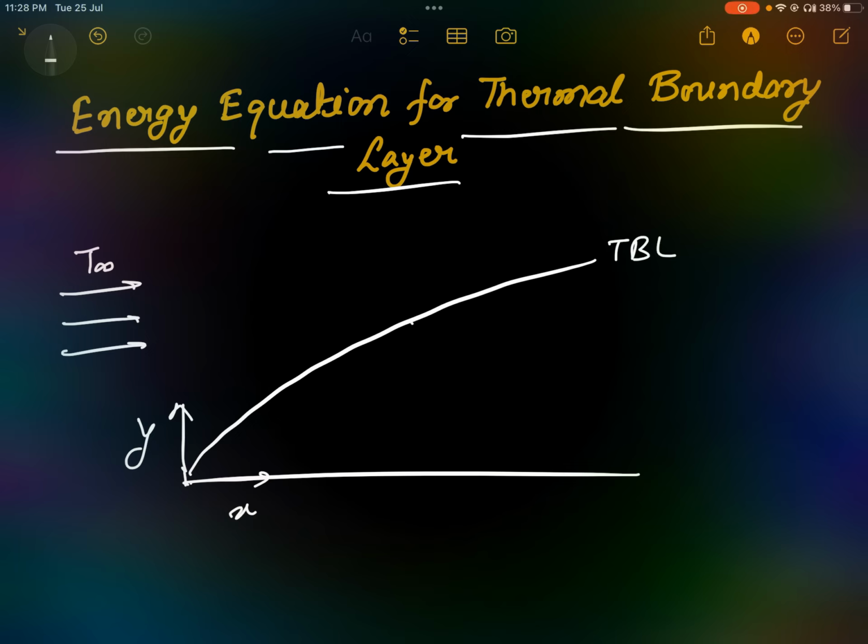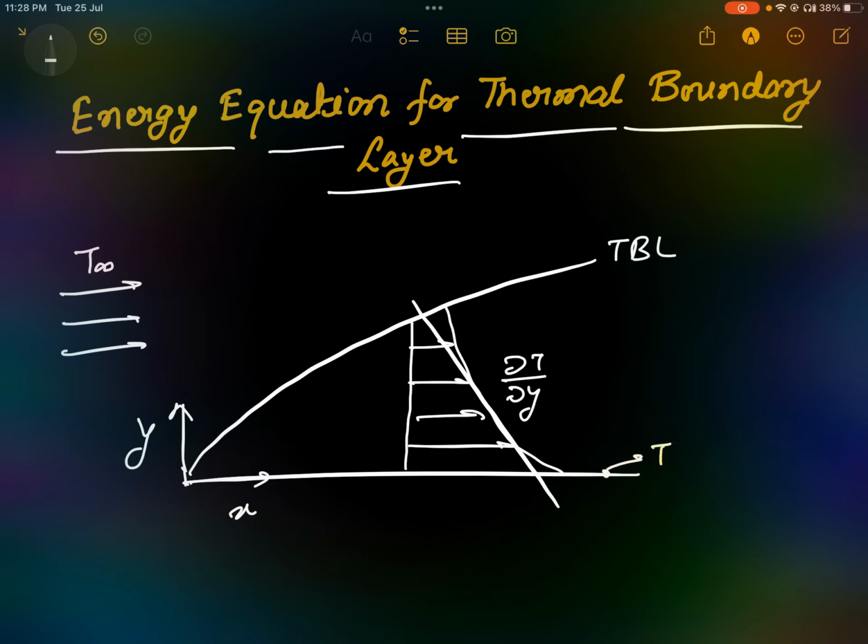And let's say we have taken a temperature profile like this, and the temperature gradient will be del T del y. And let's say the wall temperature is T_w. Heat flux is going through this direction.